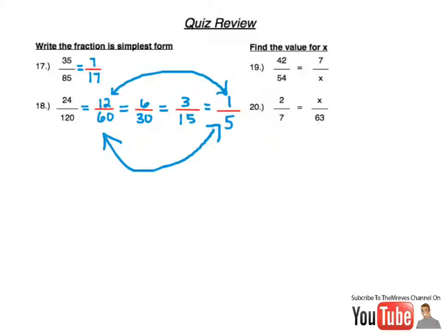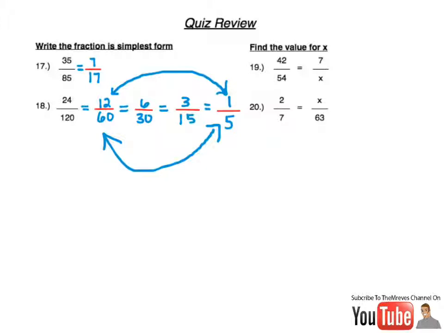And so we could have spared ourselves the work of going down by the smallest number. So usually when we're trying to find the simplest form, we're going to see what the biggest number is that goes into both the top and the bottom, so we can divide by that and be in simplest form.